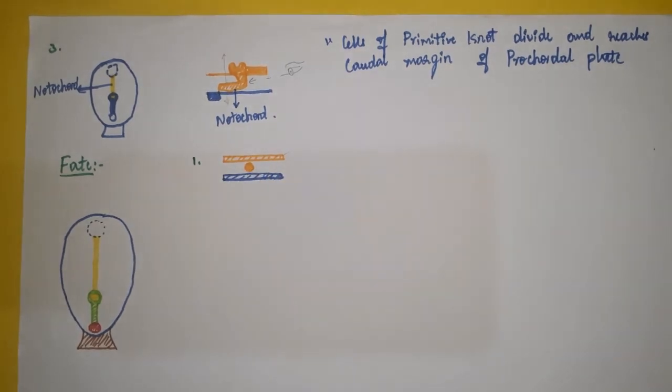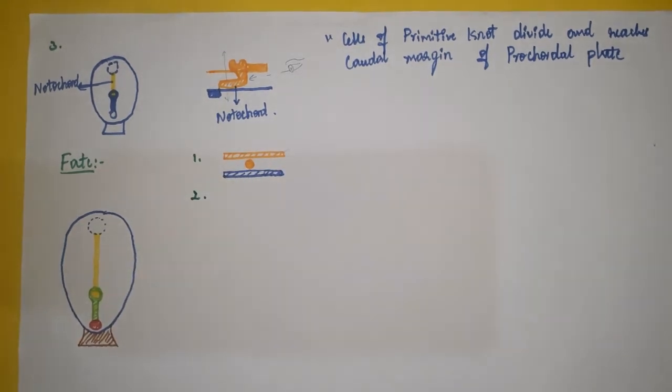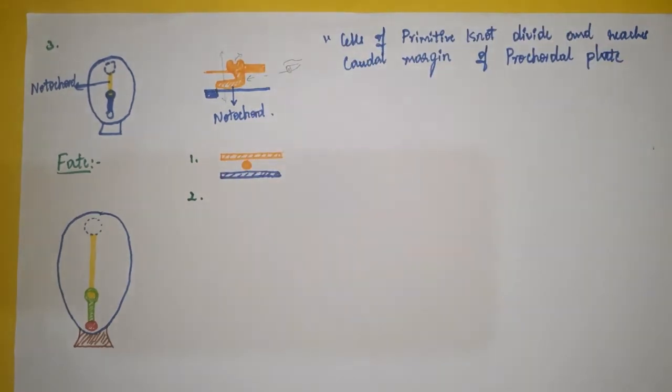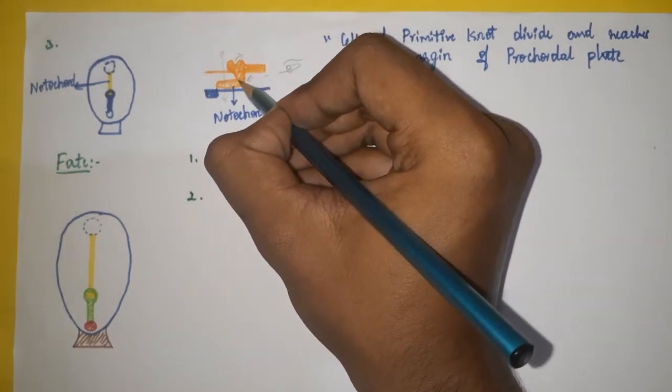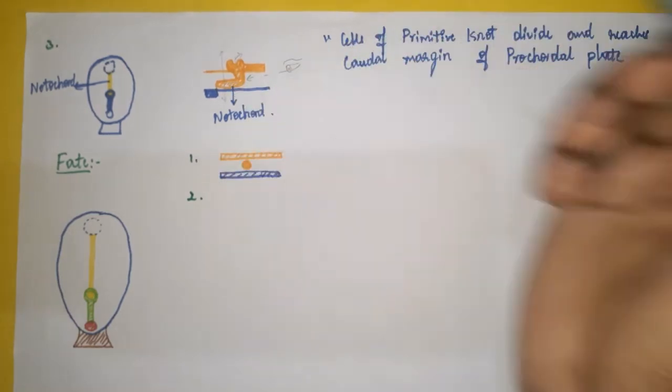Now, this is the first point. What happens to this solid notochord is, remember there was a pit in the primitive knot. What is that called? Blastopore. And that pit will continue all along the notochord. This will go on, this will deepen and forms a canal inside the notochord.